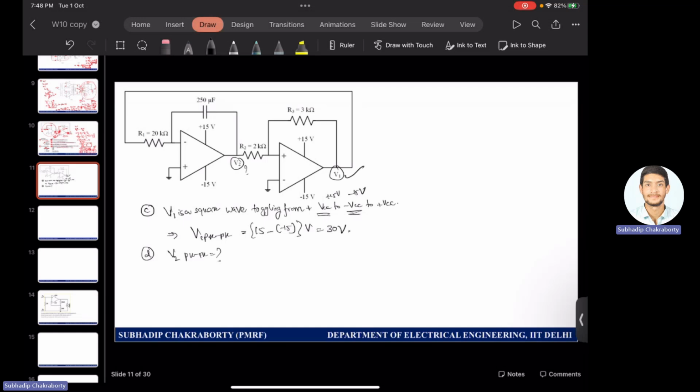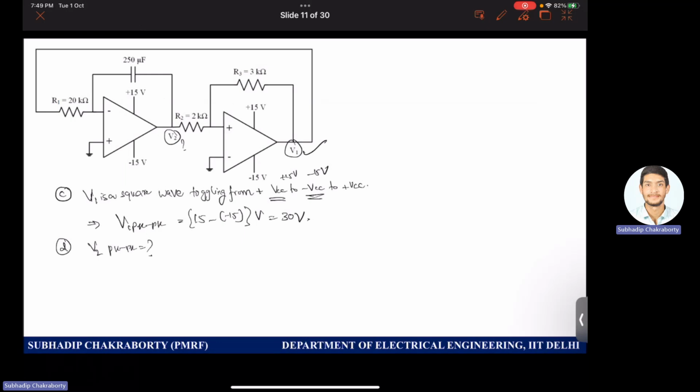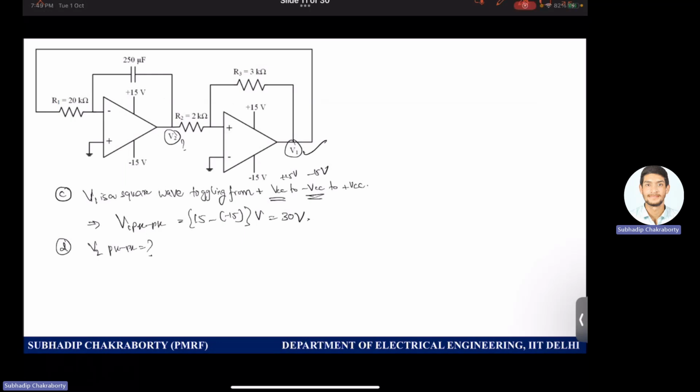But now we are being asked to calculate the peak to peak value of this voltage, which is V2. So kindly think about this. I will give you 1 to 2 minutes and then we'll discuss.